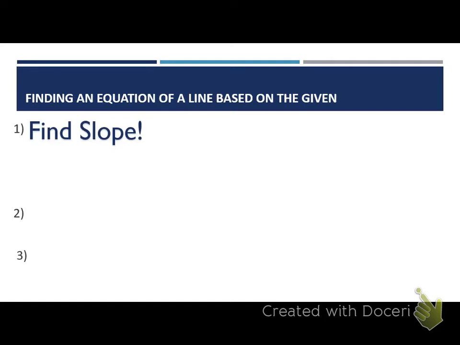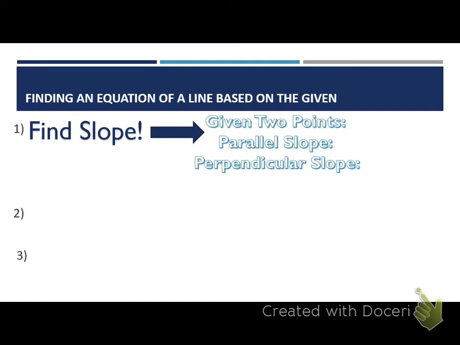There are 3 situations you would find yourself in. The first one is you're given 2 points. If you're given 2 points, how do you find the slope? Yeah, the formula. The y1 minus y2 over x1 minus x2.